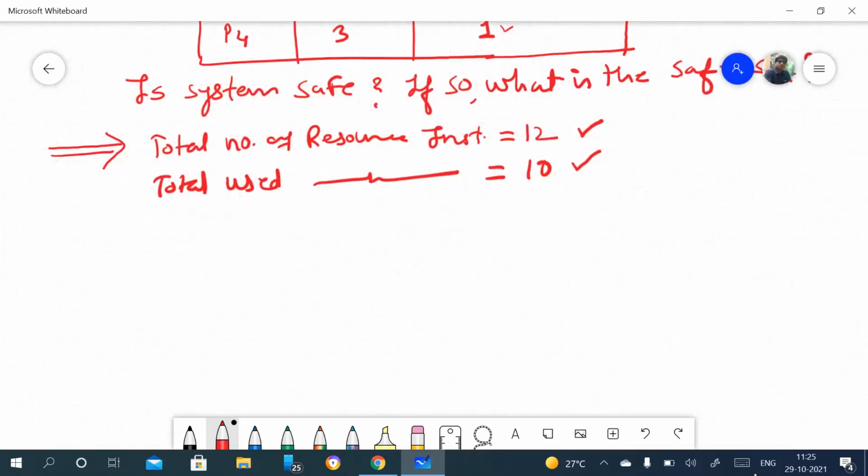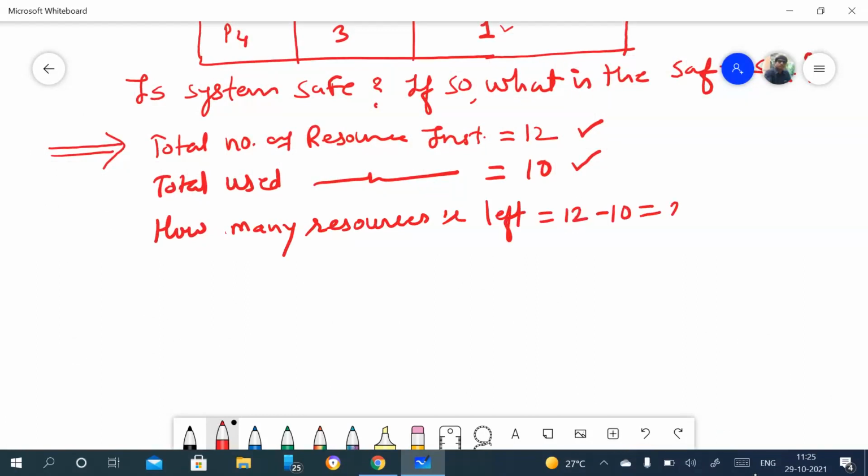We can say 12 minus 10 is 2. So we have only two resources in our hand. And with this, we need to check whether the system is in a safe state or not. And if so, then what is the sequence of the execution, right?